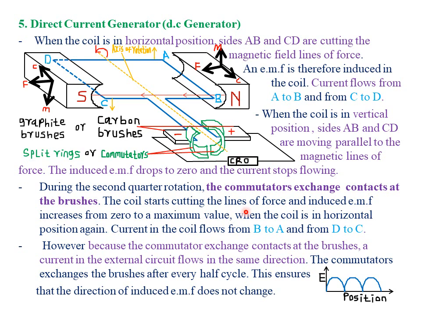So the coil starts cutting the lines of force, and the induced EMF increases from 0 to maximum value when the coil is in the horizontal position again.